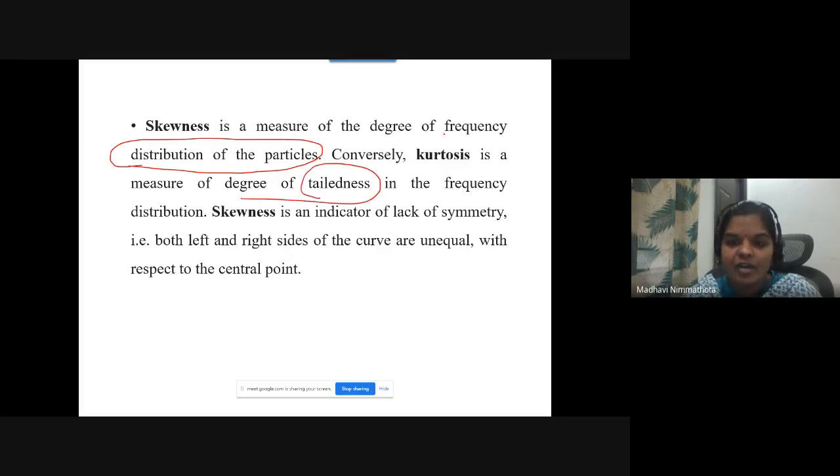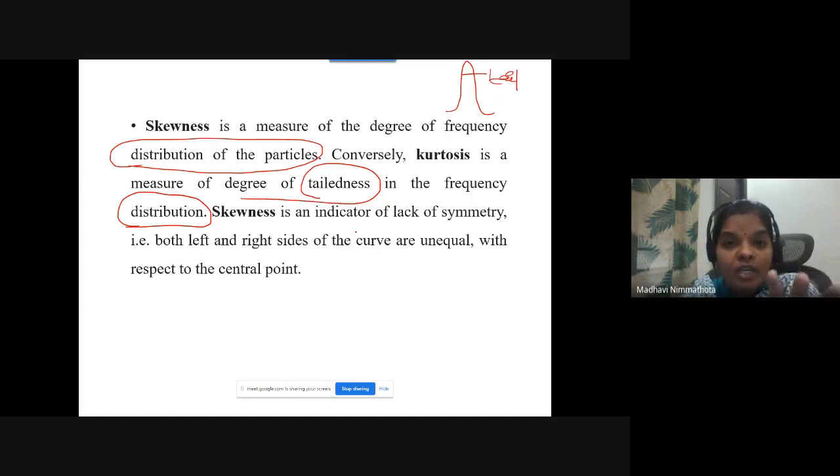In case of kurtosis, the graph is like this, looking like a tail. That's why it is called tailedness in the frequency distribution. This distribution is nothing but your drug particles' distribution in your body fluids. That's it. Okay, don't get confused.